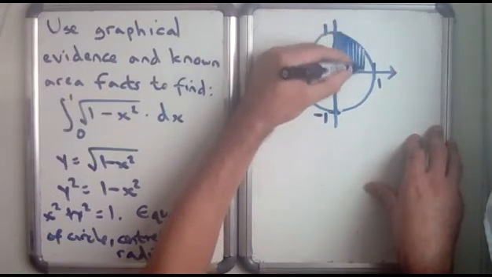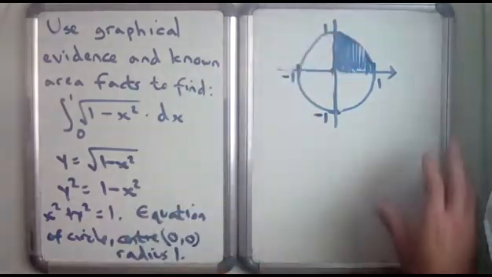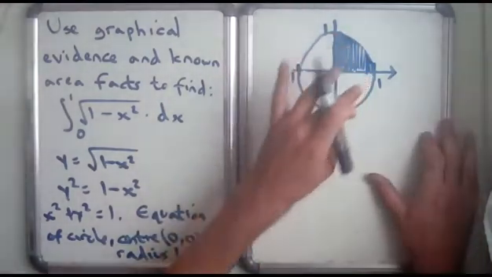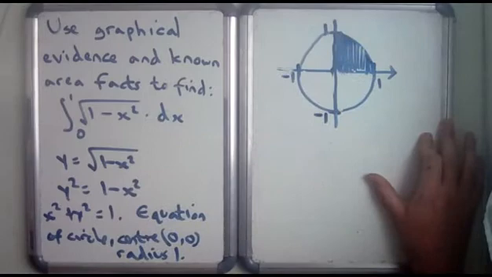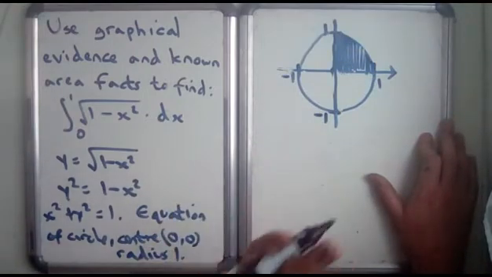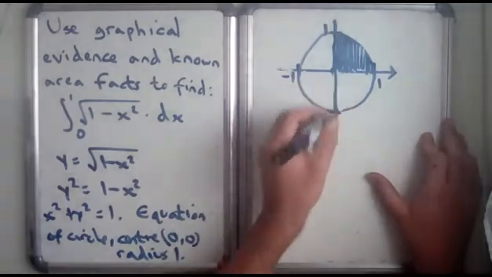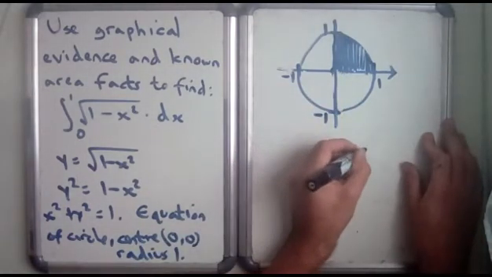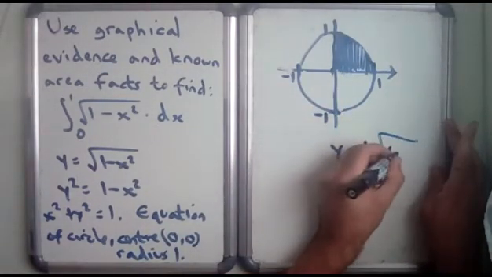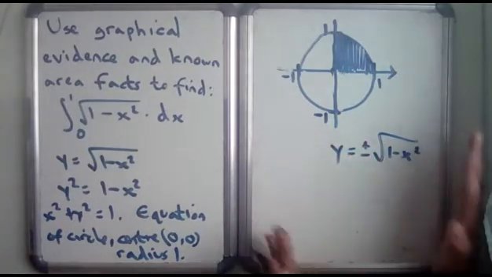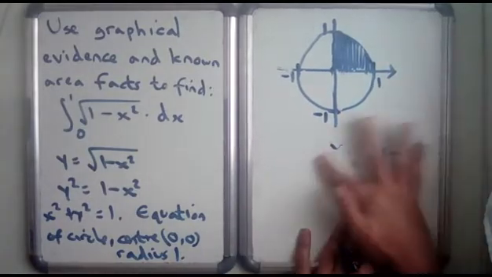Whilst this is part of x squared plus y squared equals 1, it is not part of y equals square root of 1 minus x squared. If you wanted it to be, you'd need something like y equals plus or minus square root of 1 minus x squared, which would not be a function.